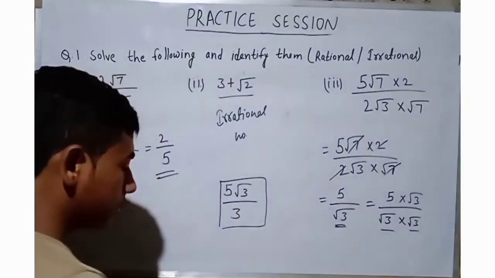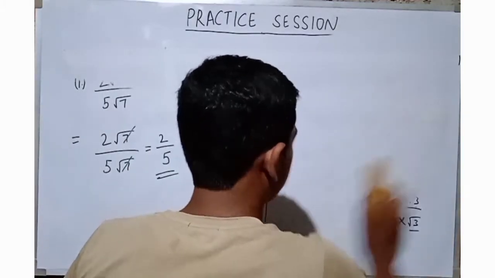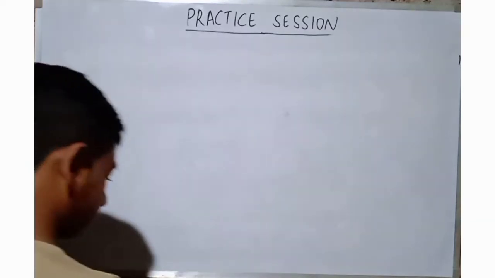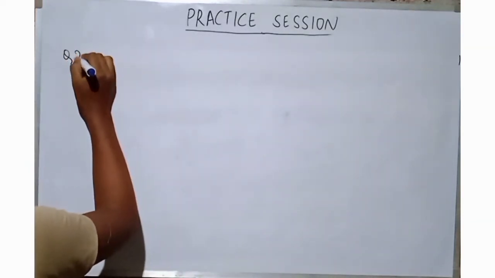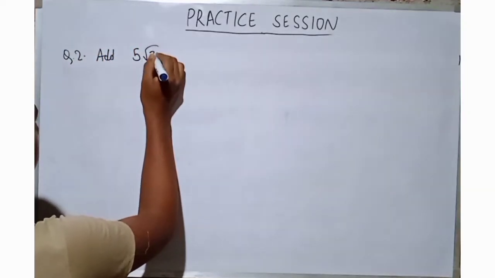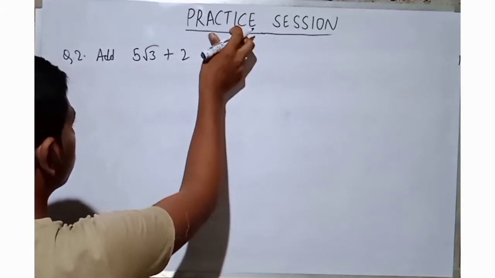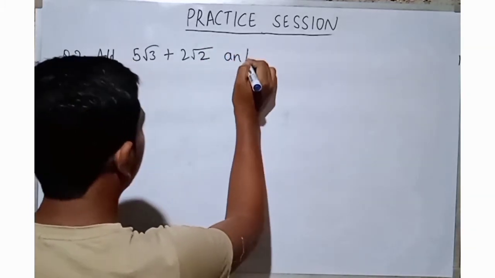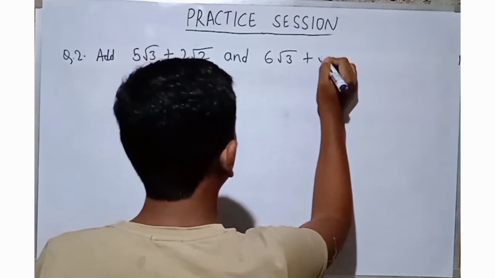Let's move forward to the second question. Add 5 root 3 plus 2 root 2 and 6 root 3 plus root 2.